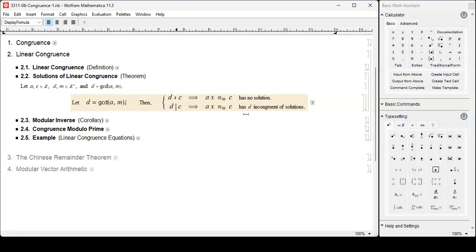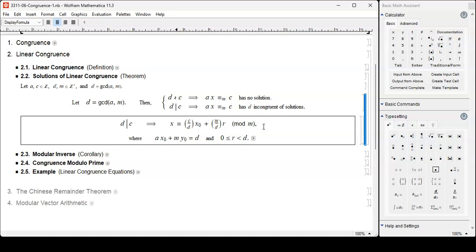So there are infinitely many solutions, but if you classify those in terms of the equivalence relation modulo m, then there are only d distinct equivalence classes of solutions. Moreover, we have this form, which is very similar to the conclusions for the linear Diophantine equation, except that we have this modular form.